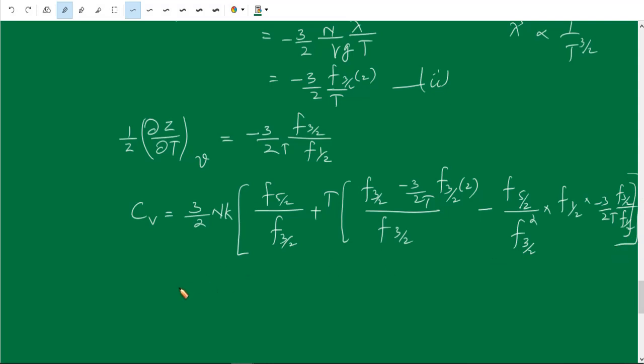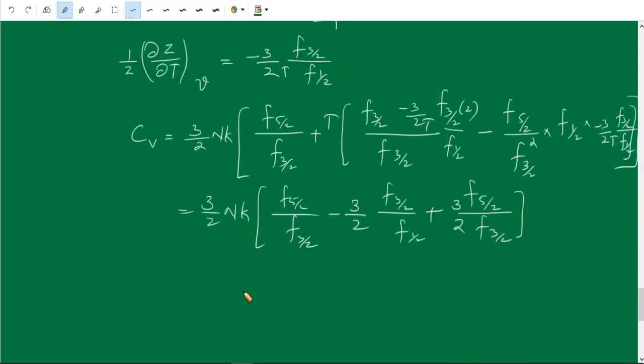Okay, so therefore the expression for the specific heat capacity is 3 divided by 2 nk.